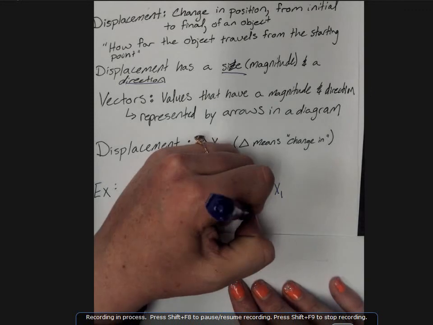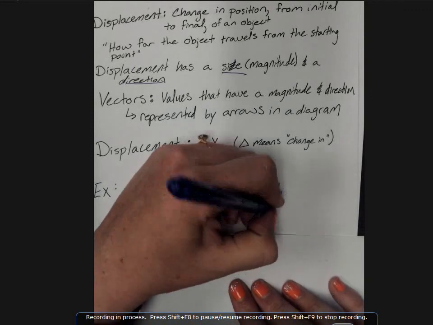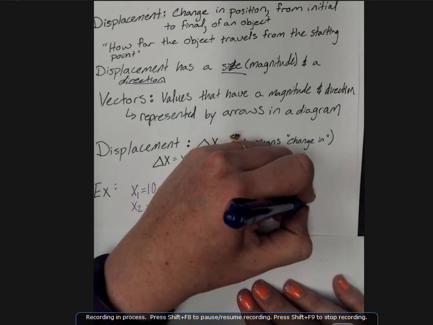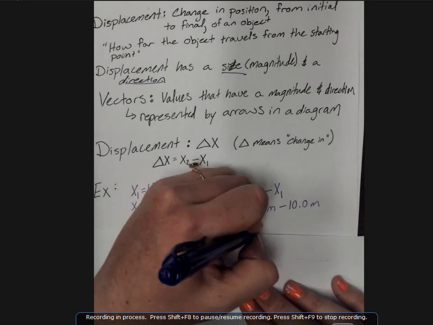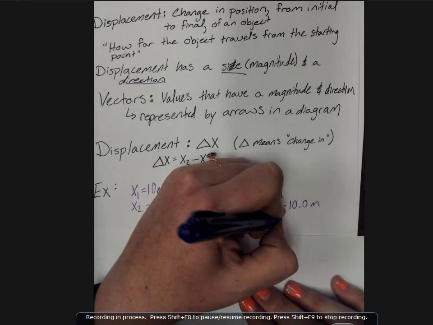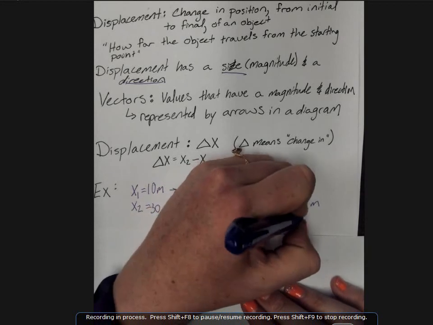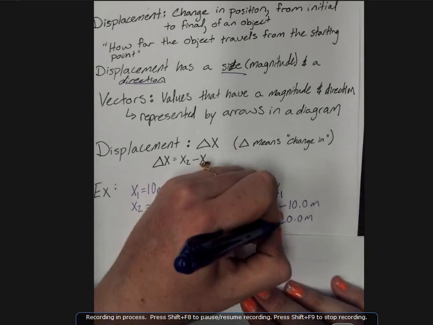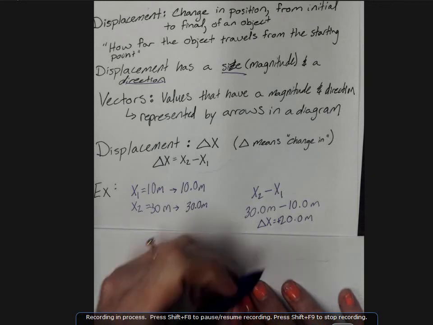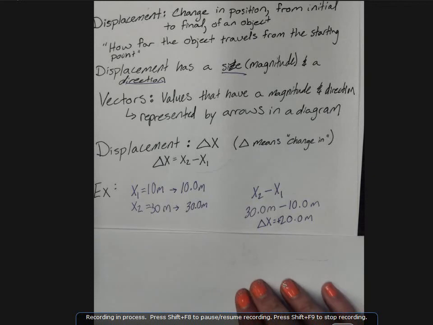So that's 30 meters minus 10 meters to give us a total displacement of 20 meters, and that was in the positive direction. You could actually write the positive or just infer the positive by not writing negative. All right, and that would be a displacement in the positive direction. And it's a displacement because it has a direction and a size.